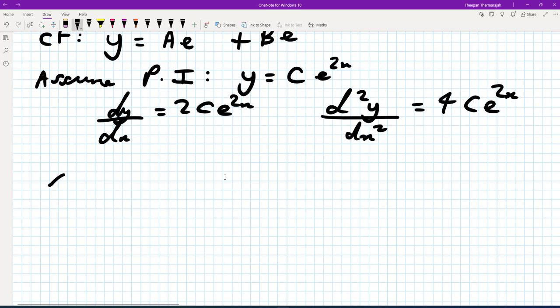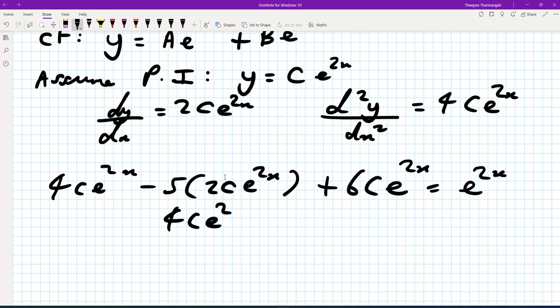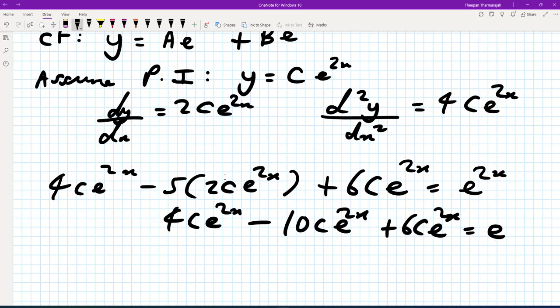We're going to get 4c e to the 2x minus 5 times dy by dx plus 6 times the particular integral is equal to e to the 2x. Now what happens is we get 4c e to the 2x minus 10c e to the 2x plus 6c e to the 2x equals e to the 2x.